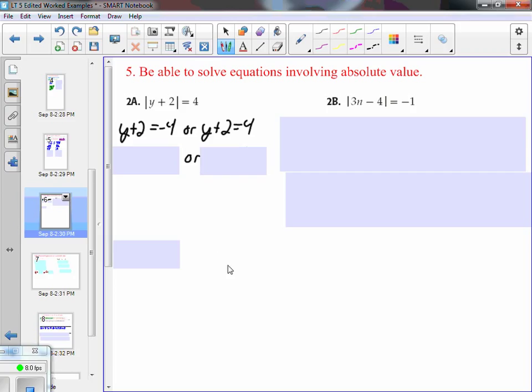Y plus 2 equals negative 4, or y plus 2 equals positive 4. In each case, to finish solving, we would subtract 2, wouldn't we? The first one, negative 4 minus 2 gives us negative 6. And the second equation, 4 minus 2 equals 2. And there are our two solutions. Y equals negative 6 or y equals 2.